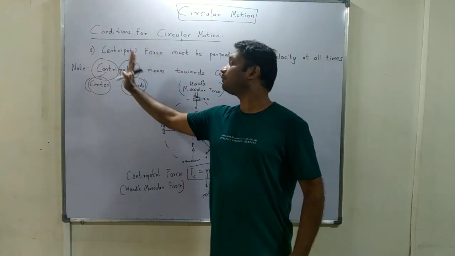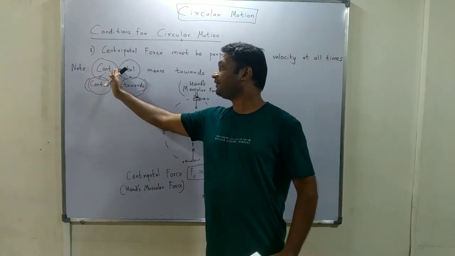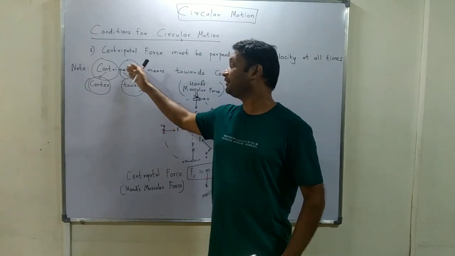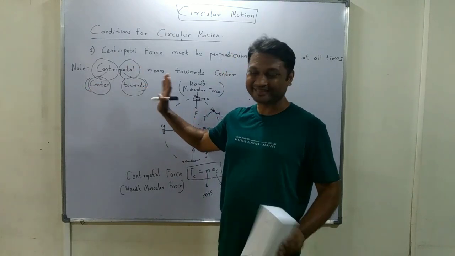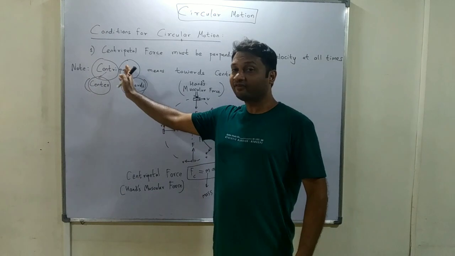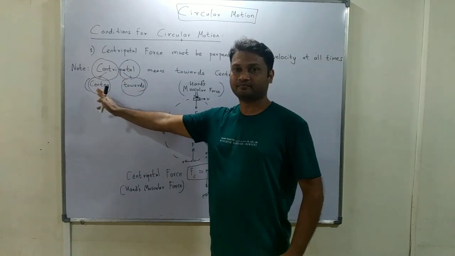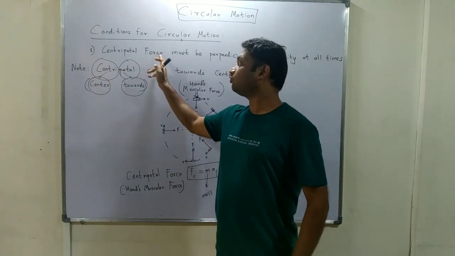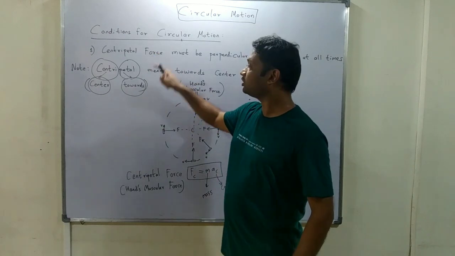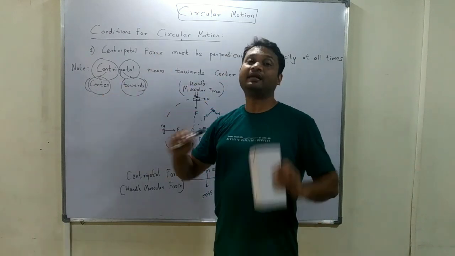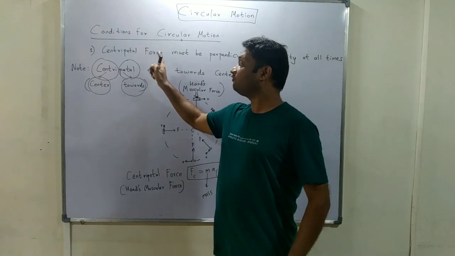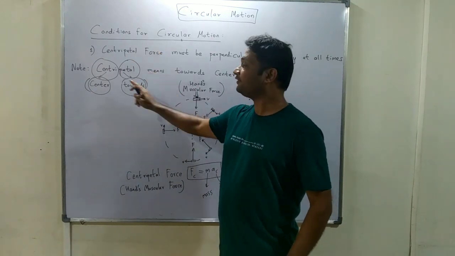Centripetal word can be broken into two parts. Centri referring to center, petal referring to towards. Thus, centripetal refers to towards center. Hence, centripetal force refers to force towards center. Let me again explain. Centripetal force means force towards center.